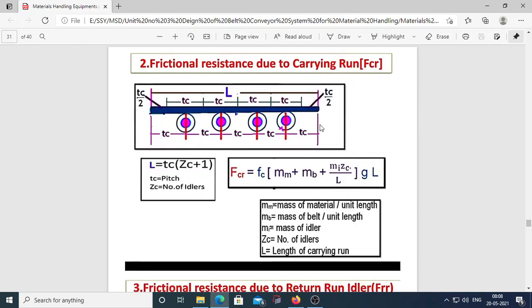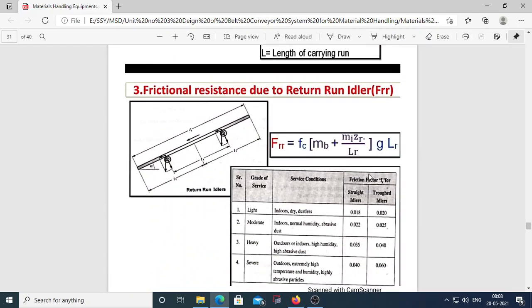This friction factor sometimes depends on the grade of the service, or we can say the service condition. There are two idlers, one is the straight idler and the second is the trough idler. For a straight idler you will get a different friction factor than the trough idler. Remember that. Here one table is given. What is the friction factor?